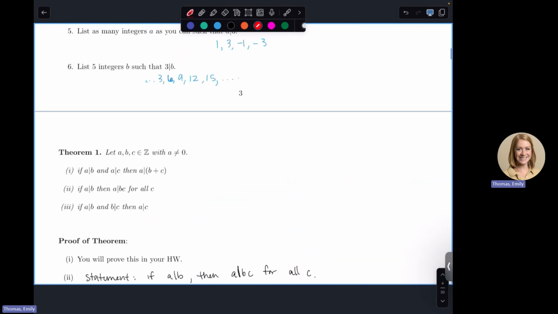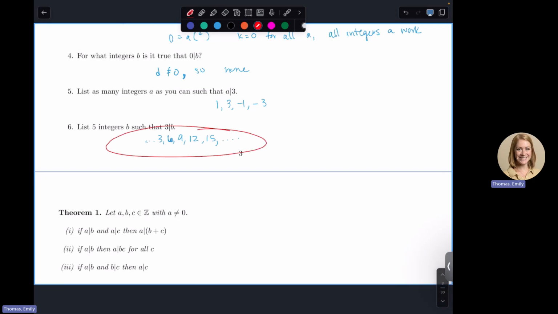What is going on with these guys? Mod 3, right? When you're moving by 3s, whatever your remainder is to start with stays your remainder.